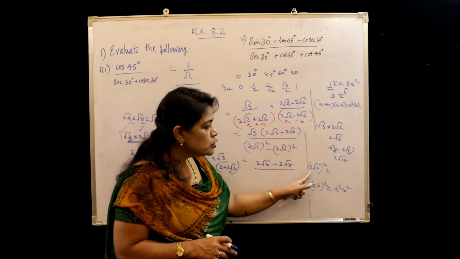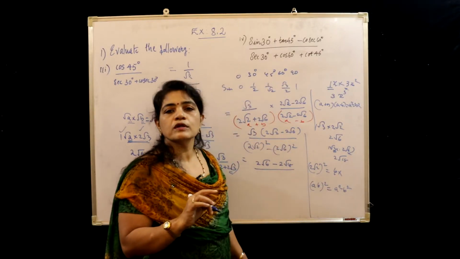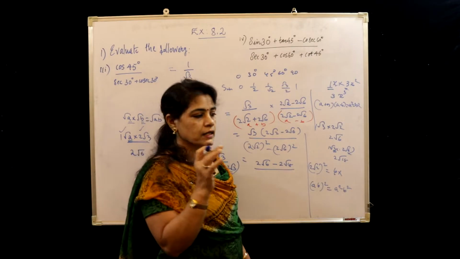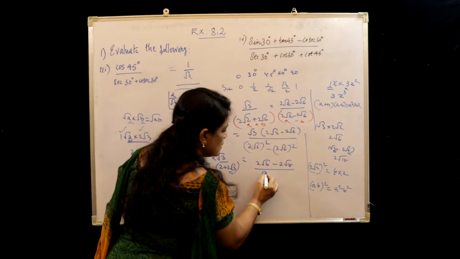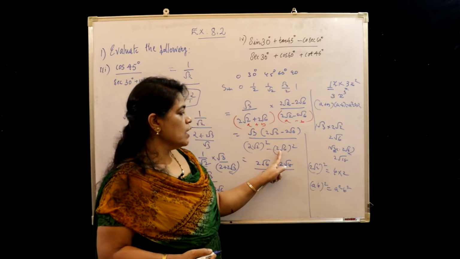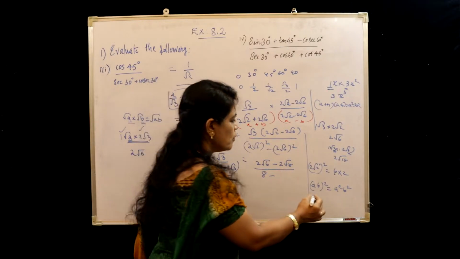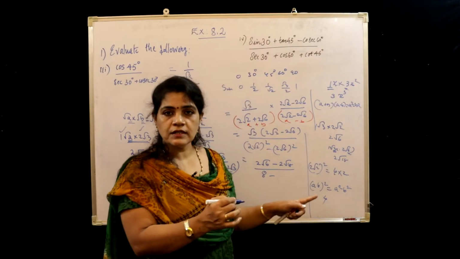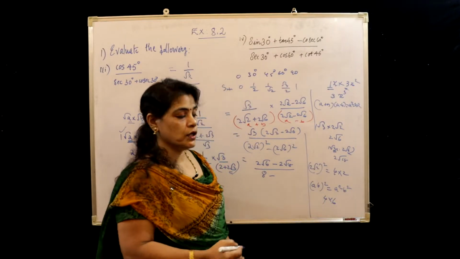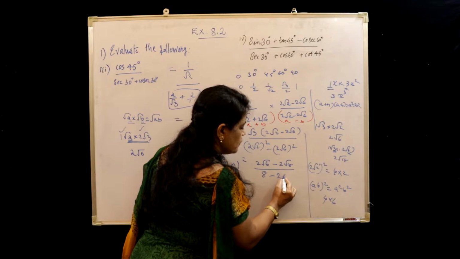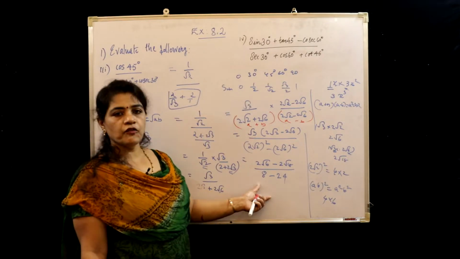The same way 2 square is 4 and root 2 whole square is 2. Square root and 2 get cancelled. So 4 2s are 8 comes here, minus. The same way 2 root 6 whole square, 2 square is 4 and root 6 whole square is 6 only. So 6 into 4, 24. So minus 24. Idea is clear, children, how this can be simplified.